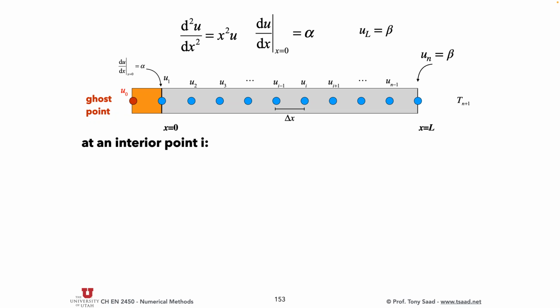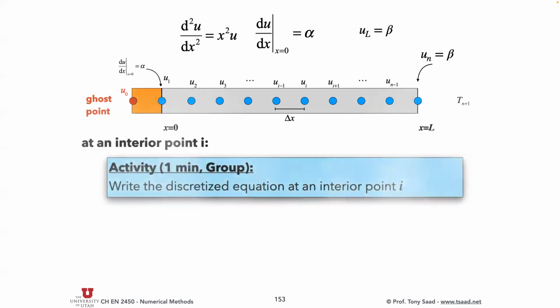This is a classic problem that you will get in the exam. Write the discretized equation at an interior point i. Forget the boundaries now, any point in the middle. What is the discrete equation? Open your notes and look at what we did in the previous slide. You know x1, x2, x3, and xi.